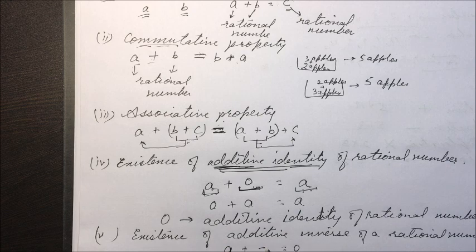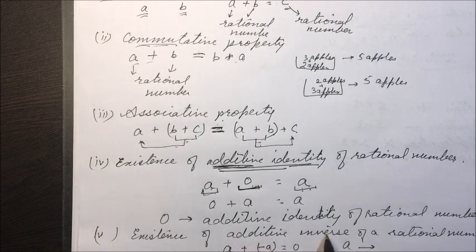If we have 5, we add minus 5, that is 5 plus minus 5, and it will give us 0. So if A is the rational number, its additive inverse will be minus A. We have to take the negative of the number. So the negative of the number will be the additive inverse of the given rational number. Rest we will discuss in the next lecture.